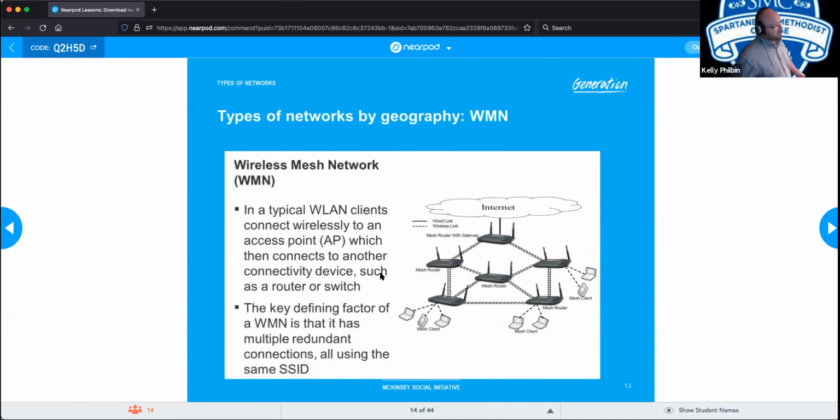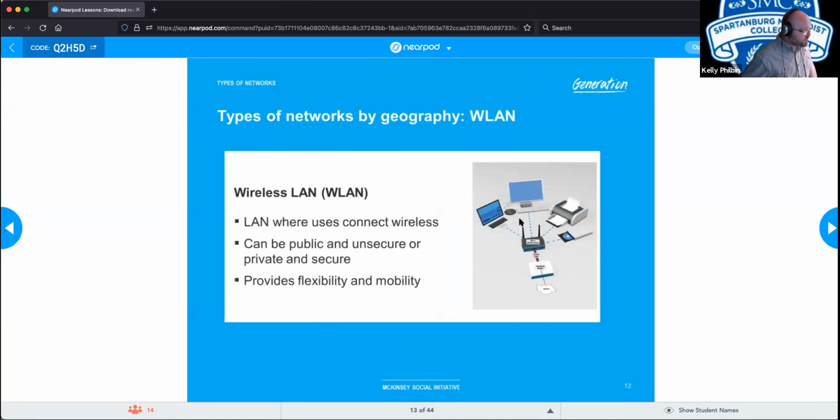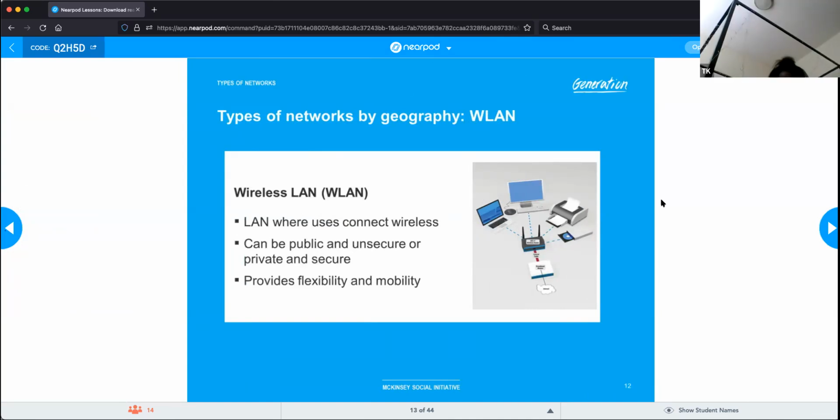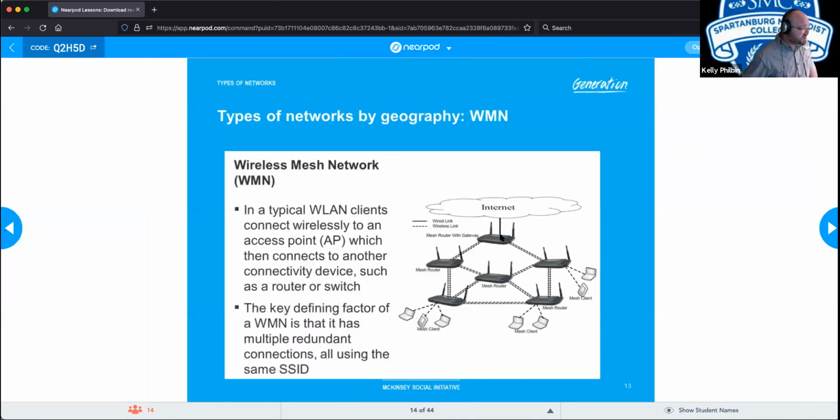So wireless mesh network. You remember here we had the one router right here, or the one wireless access point. If you move over to this one over here, you have 1, 2, 3, 4, 5, 6. And you can see with each one, like this one over here has a computer, a phone, and another computer connected to it. This one over here has 2 computers hooked to it. This one over here has a computer and a phone. So instead of a singular device, you have multiple devices acting like one device.